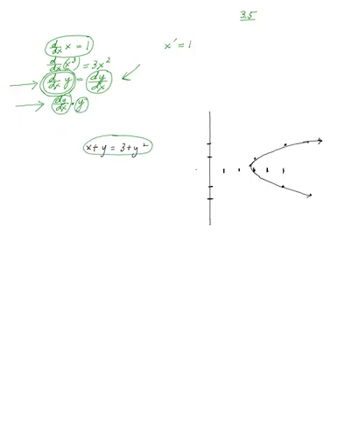The graph of such an equation is some kind of curve in the xy plane, like this curve. This is the graph of x plus y equals 3 plus y squared.